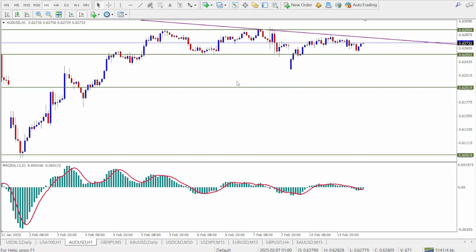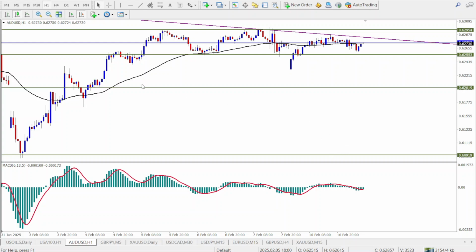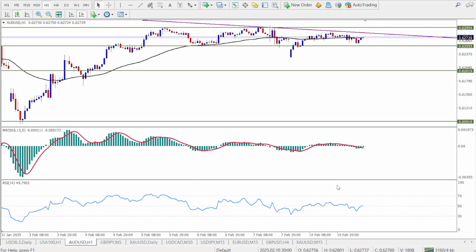You can also combine the MACD with moving averages, for example, or with RSI. Any other indicator of your choice, basically, you can combine the MACD with other indicators to help you filter out false signals and improve your overall trade accuracy.